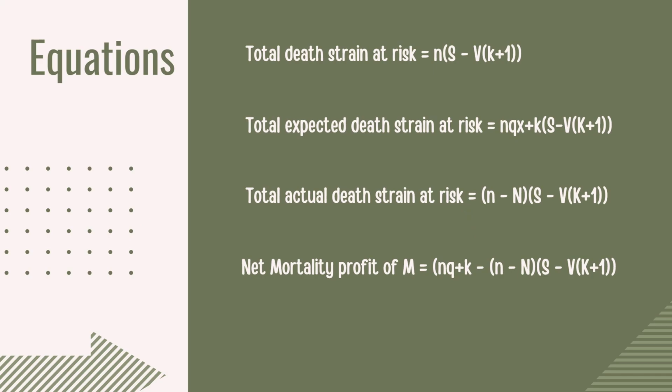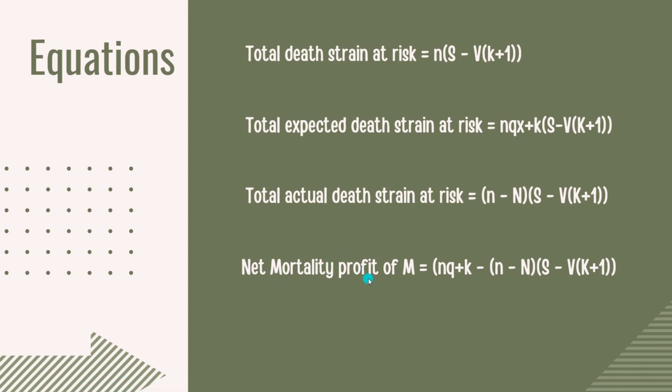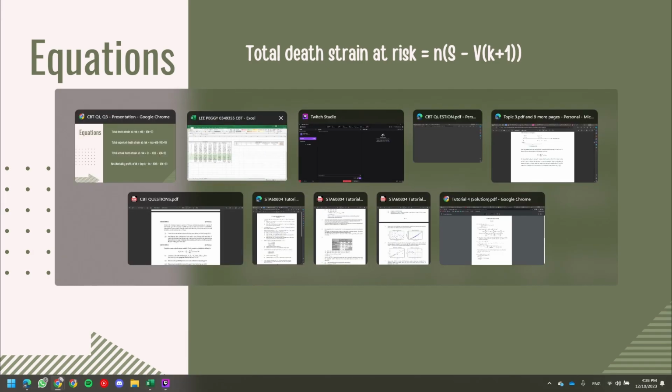We have to calculate the death strain at risk, the expected death strain at risk, the actual death strain at risk, and also the net mortality profit or loss. To calculate the profit or loss, we use the expected death strain minus the actual death strain.